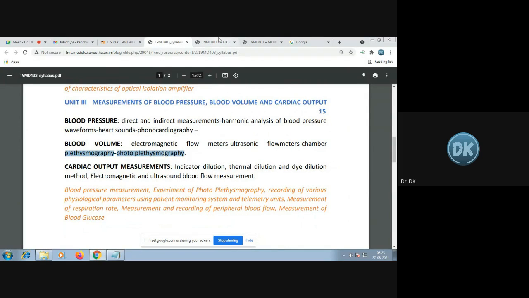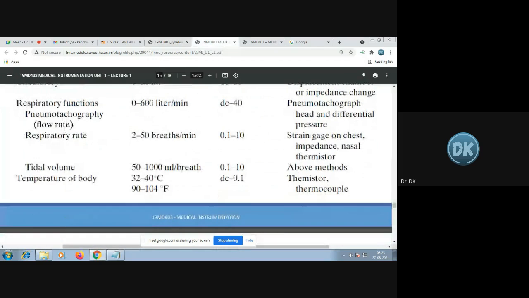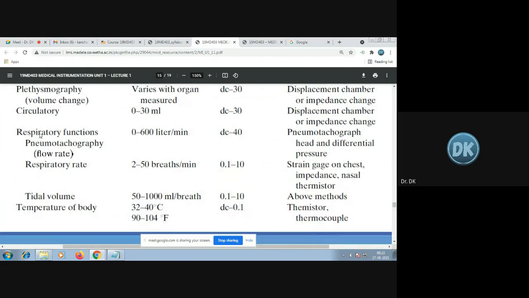We'll discuss that in your third unit. And then pneumotachography again is to measure the flow rate. This is again to measure the respiratory function. Plethysmography and pneumotachography, both techniques are used to measure the lung volume changes and lung pressure changes.